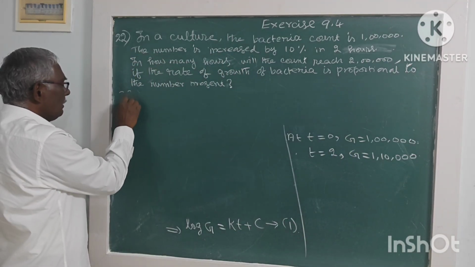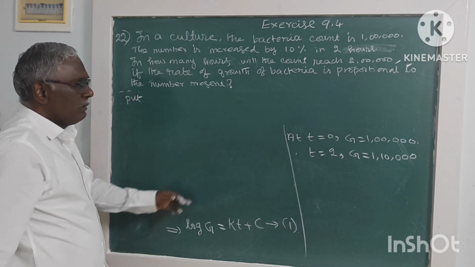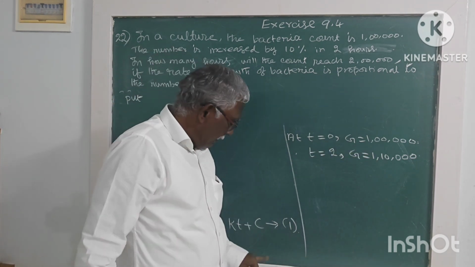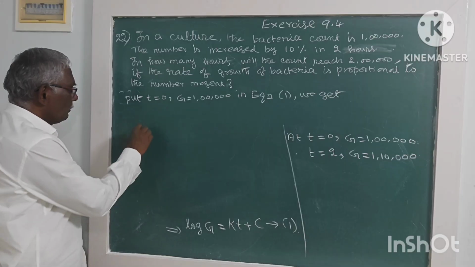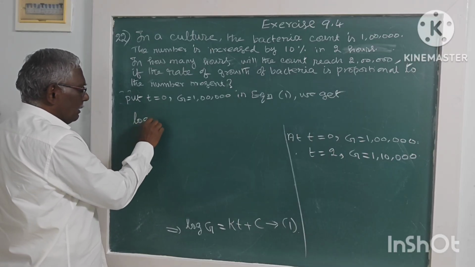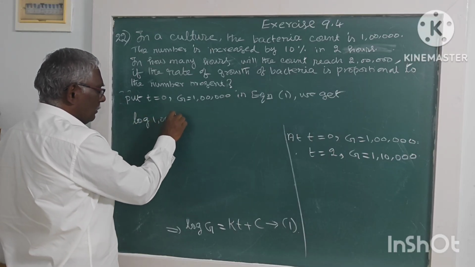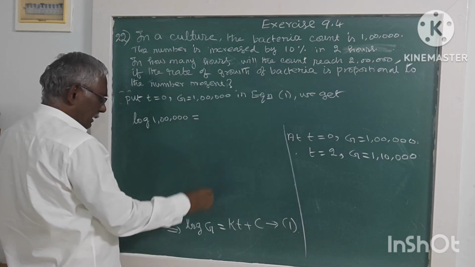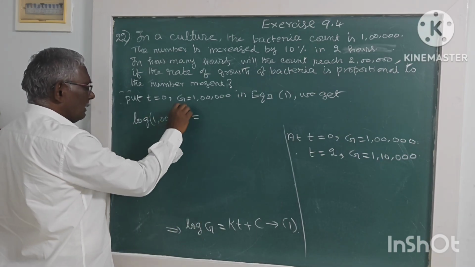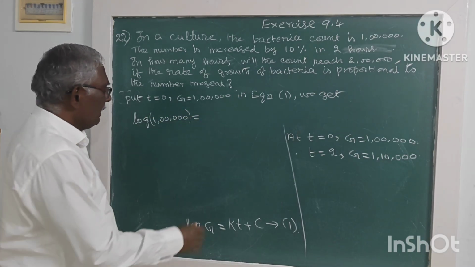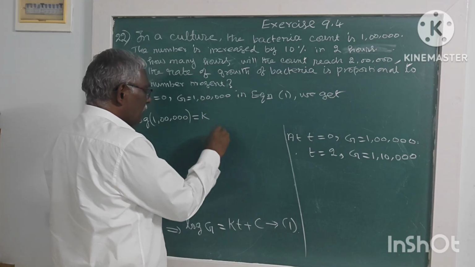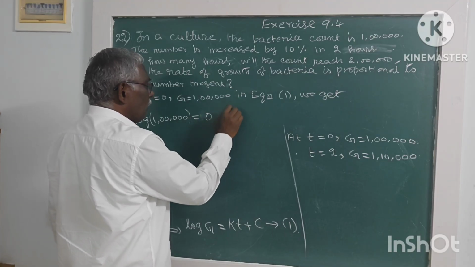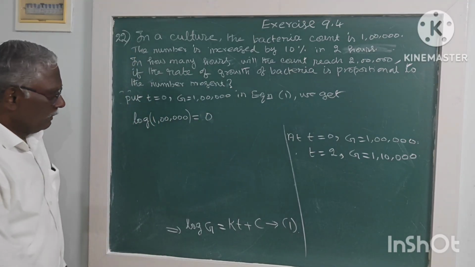So put t is equal to 0 and G is 1 lakh in equation 1, we get log 1 lakh is equal to k times t, which is 0, so it will become 0, plus c.